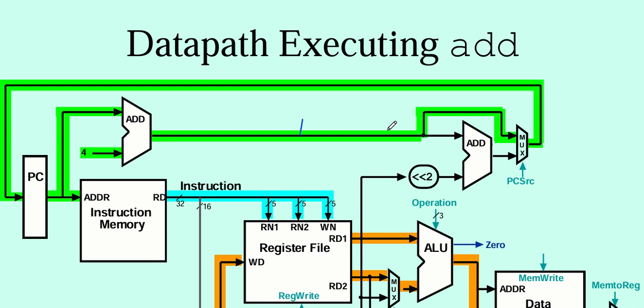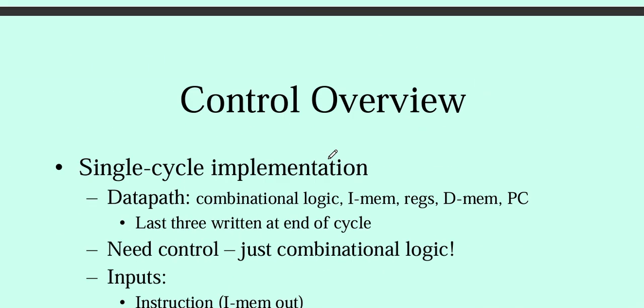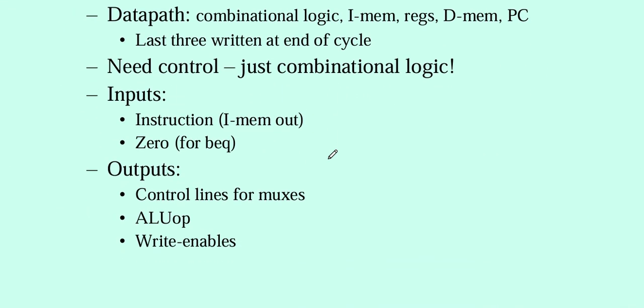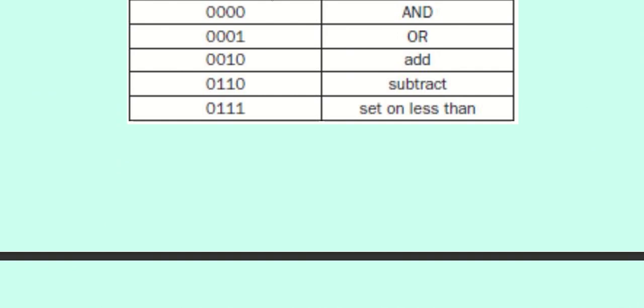Now, if it is not a branch or jump type instruction, then you select PC source as zero, so that the program counter will only use the PC plus four as the next, so we execute the next instruction. But if maybe it's a branch or something, then we would come and select the right path. So that's for the program counter. Nothing new. And that's also for the branch instruction. And I think with this, we are done with the data part.